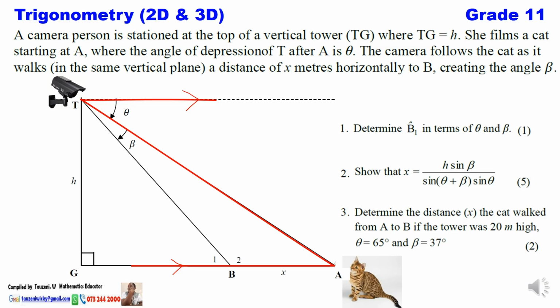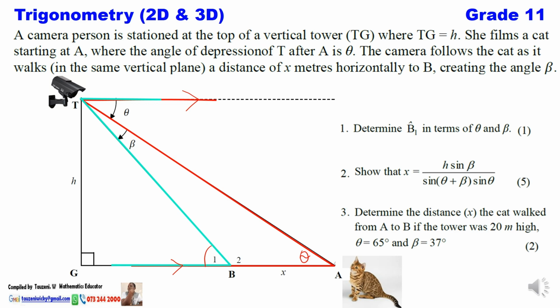That means at point A, there is an angle theta, which is the angle of depression given. Now, using the same thinking, if you look at angle B1, the angle at B1 is also alternate with the angle of depression that is given. Follow the highlighting that I have made in green here.